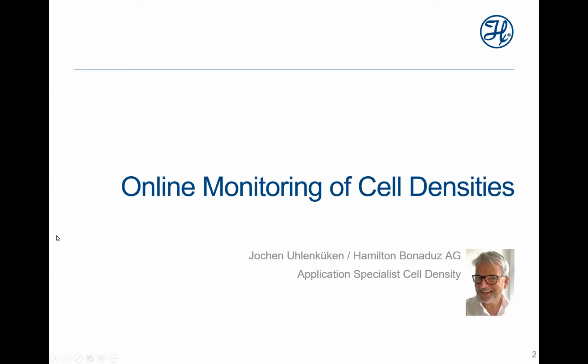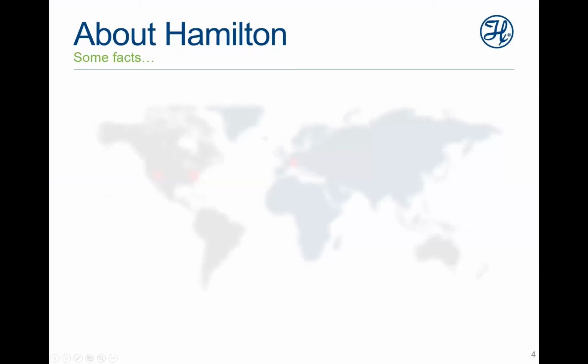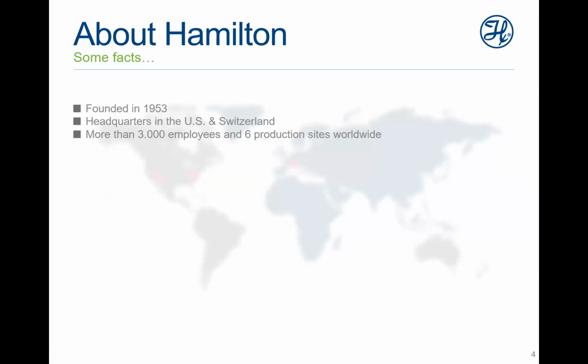Before I start, I will give you some facts about the Hamilton company on one slide, as promised. Hamilton was founded by Clark Hamilton in the 1950s and is still owned by the family, so we are still a family business. But we have grown strongly since then, and now we have over 30,000 employees, and the headquarters are in Reno, Nevada, and in Bonaduz in Switzerland.